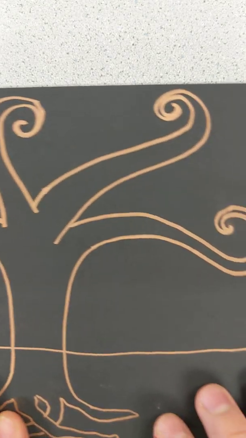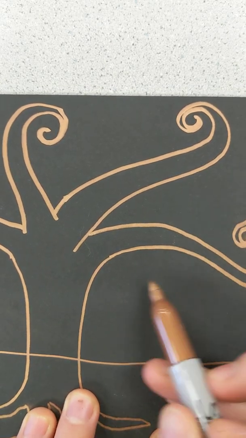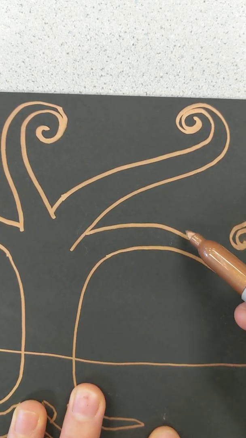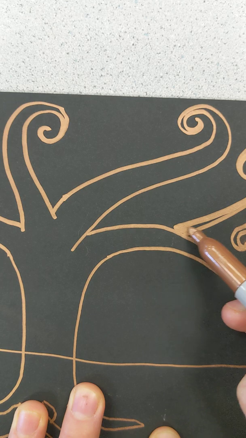Okay, so once you have some branches there, you can start to add more branches off of these. So these will be skinnier branches. They'll also spiral. Maybe they'll overlap each other.